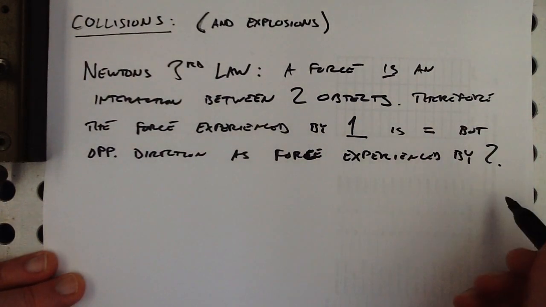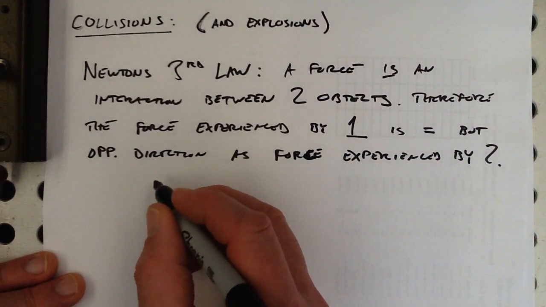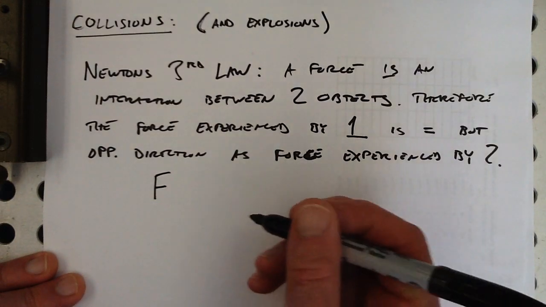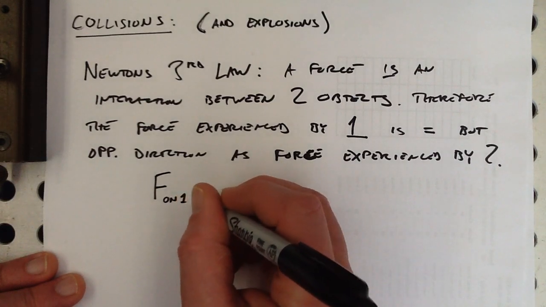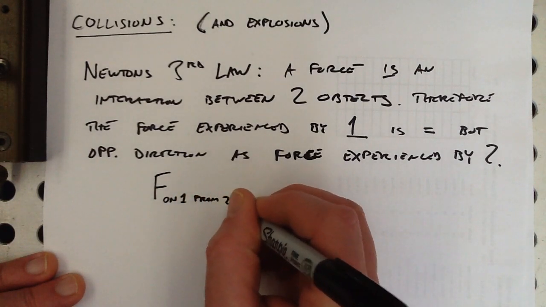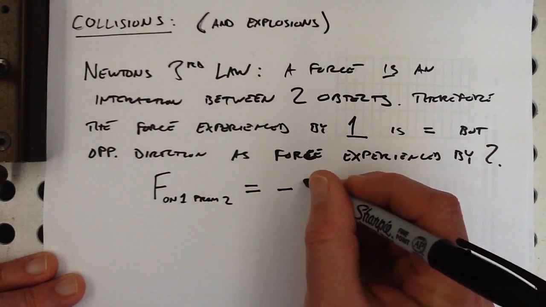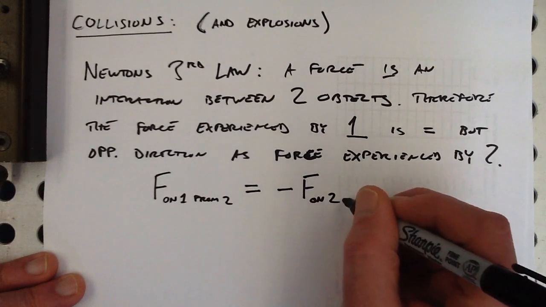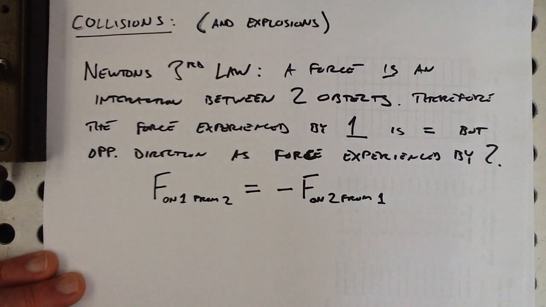If we wanted to write this in equation form, you could write it something like this. You could say force on object 1 from 2 is equal but opposite in direction to the force on 2 from 1.